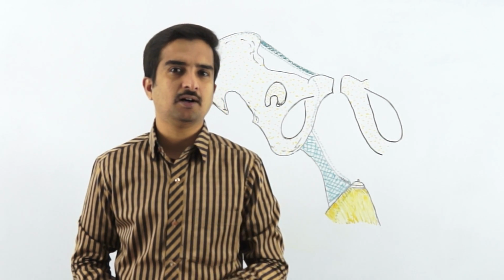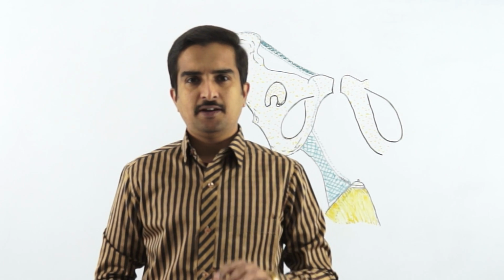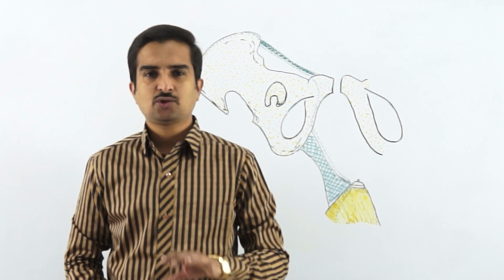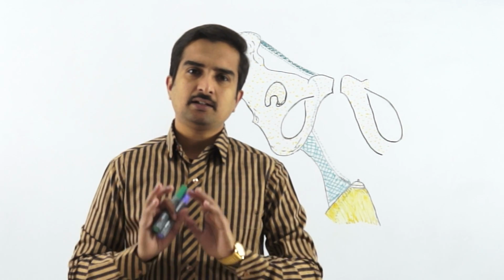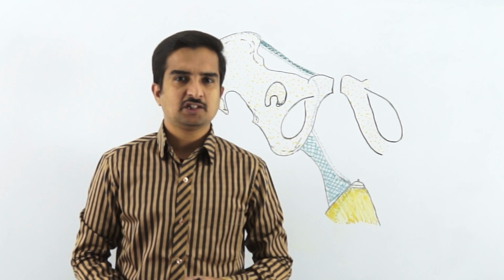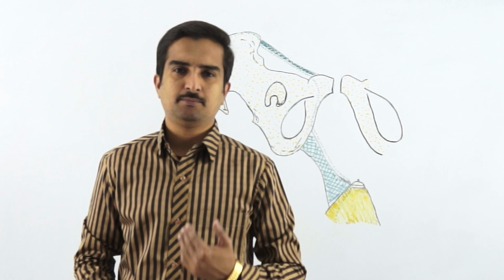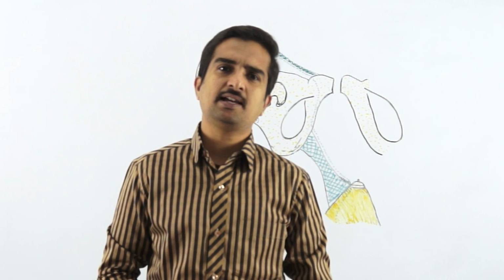Fascia lata is a deep fascia which covers the entire thigh like a sleeve, which means the fascia is present at the front, medial, back as well as the lateral areas, right?